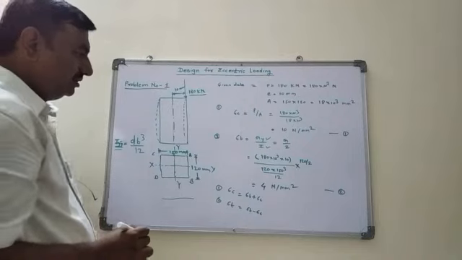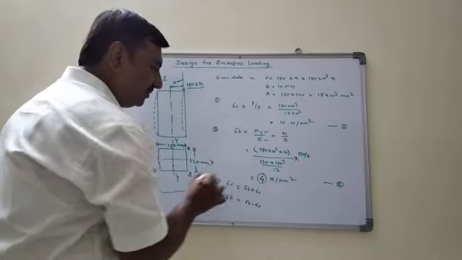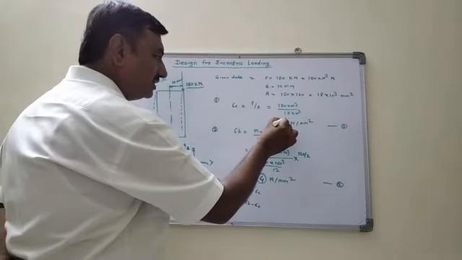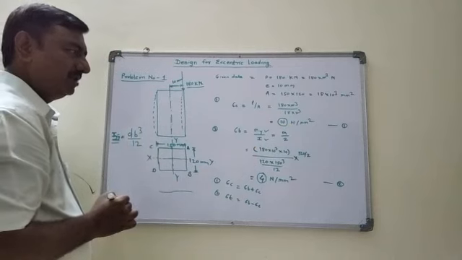But see here, the value of sigma b is 4 Newton per mm square, and the value of sigma c is 10 Newton per mm square.